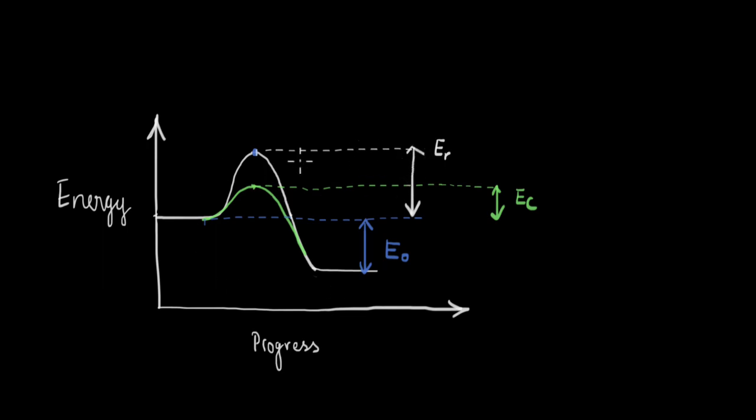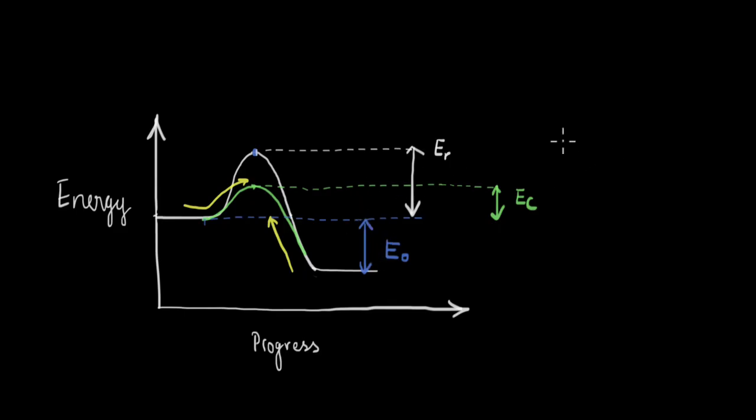The other thing is, you can see here how a catalyst speeds up not just the forward reaction, but also the reverse reaction. For the forward reaction, we can see that this EC is less than this ER. So as we move from reactants to products, this barrier is reduced. But for the reverse reaction, when we go from the product side to the reactants, even in that case, the activation energy is lowered.